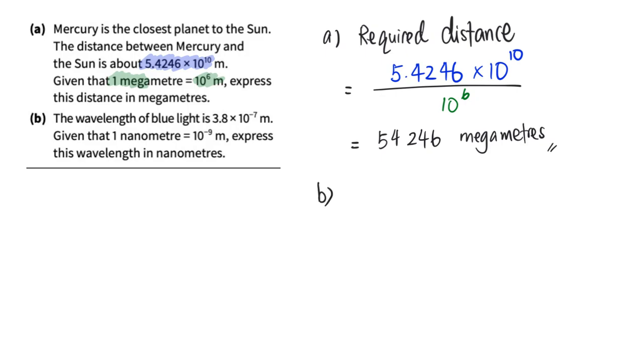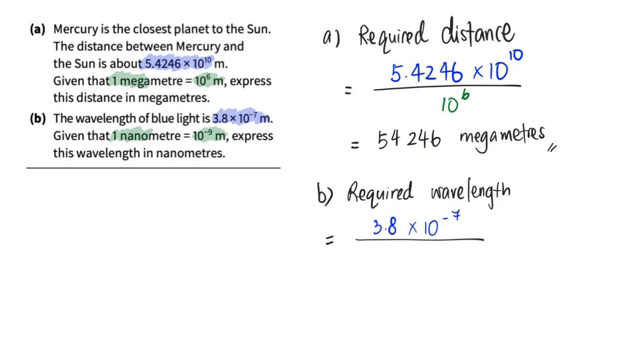Part B. Similar question. We are given the wavelength in meters, and they introduce that 1 nanometer is 10 negative 9 meter. How many nanometers would this be? So the required wavelength would be equal to 3.8 times 10 power negative 7.